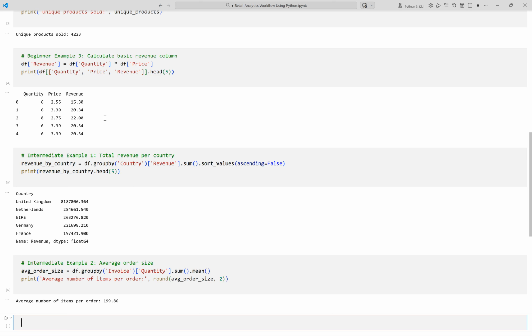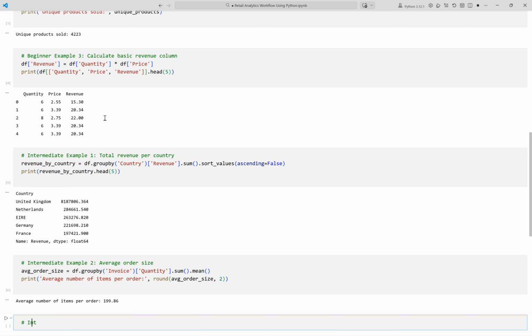Notice the relatively high average of about 200 items, which highlights the importance of carefully grouping data by invoice to avoid mixing individual product quantities with order totals. This reinforces how grouping impacts key sales metrics like order size in retail analytics. Practice prompt: try finding the average revenue per order using the same approach.